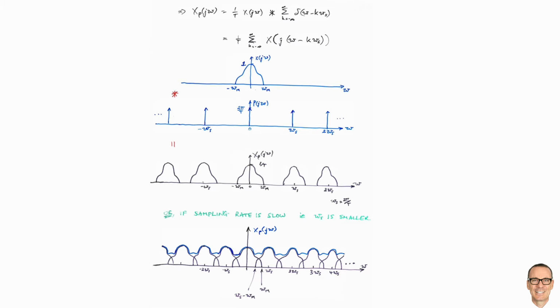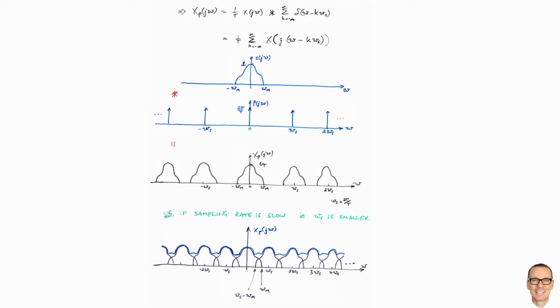So the copies of the signal's Fourier transform, which are appearing above omega s, would be closer together if omega s was smaller. And then when you add them together, because it's the addition of each of these individual copies, you will get the blue waveform at the bottom.